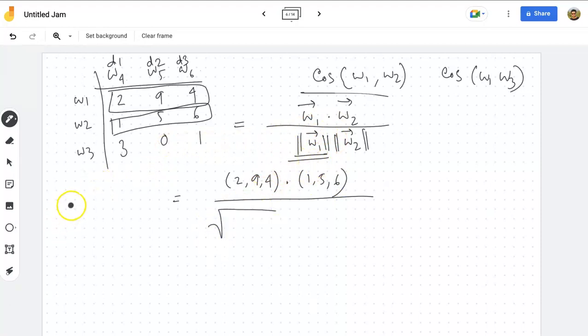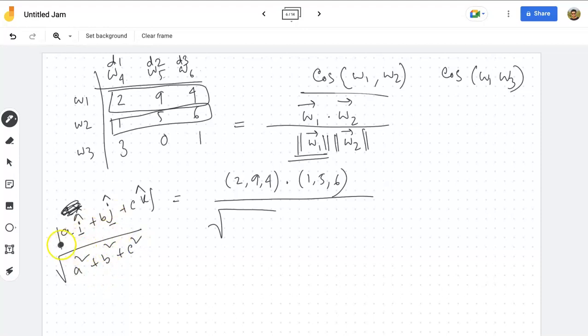Suppose this is a vector, a i hat plus b j hat plus c k hat, where all these are unit vectors in that particular dimension. The modulus of this will be root over a square plus b square plus c square.